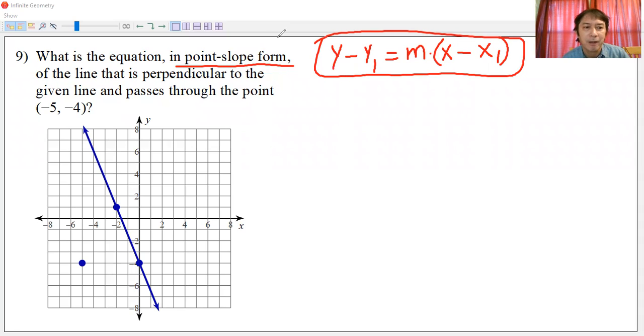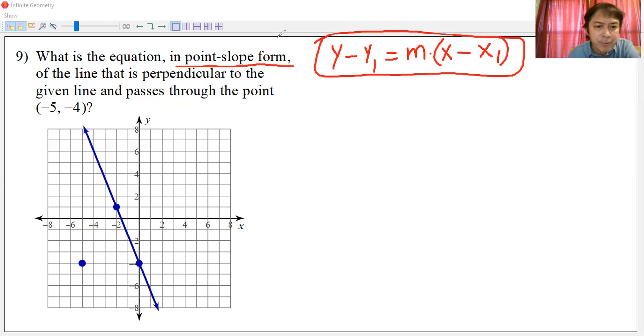And then the other point not on the line, that's the (-5, -4), in the third quadrant. Now, we're asked to get the equation of that perpendicular line to the blue line. So once we have the slope there, we still have to get the negative reciprocal, and that's what we're going to use with the (-5, -4).